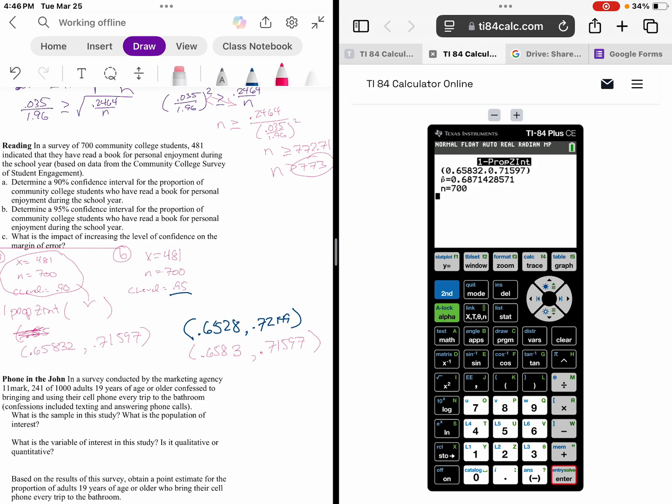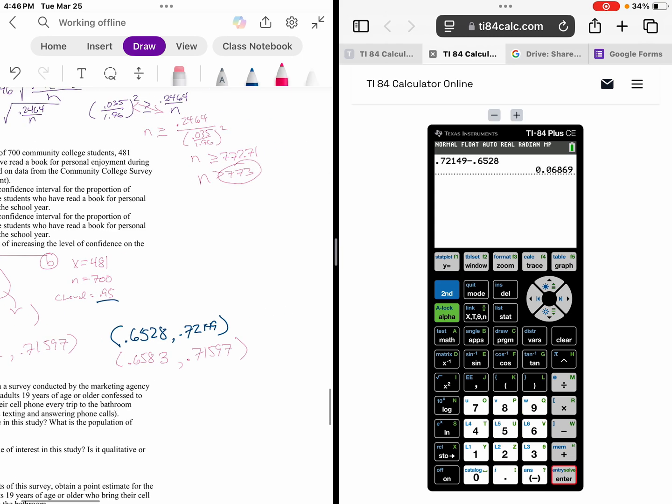But if I ask what's the distance between 0.72149 minus 0.6528, we see that the total distance between the upper bound minus the lower bound is 0.06869.